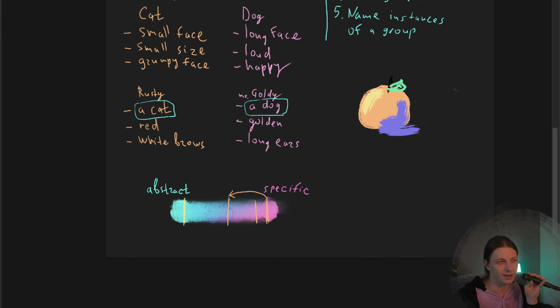About logic and logical fallacies and other stuff, we will talk about this in later videos for sure. But for now, let's just state that it's important to understand where exactly on this spectrum from abstract to specific we need to be for a particular context, for a particular situation, and for a particular problem.